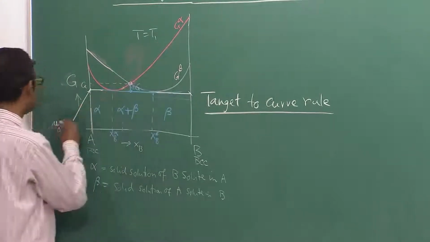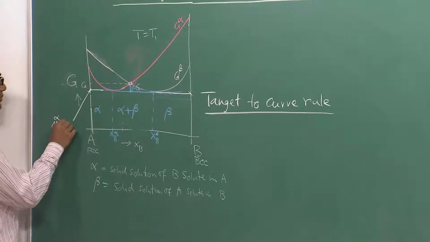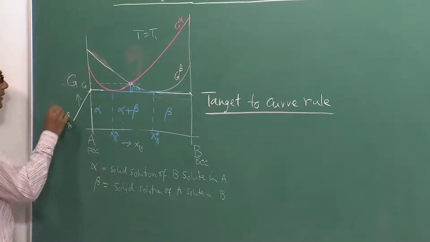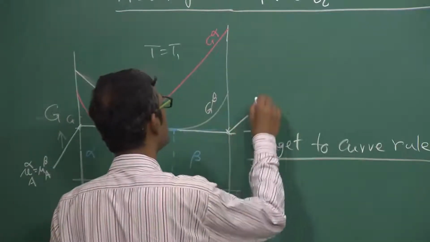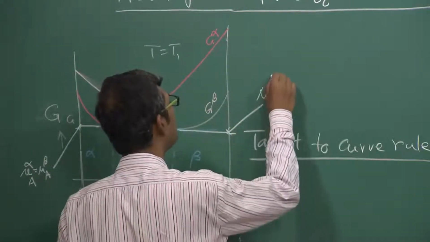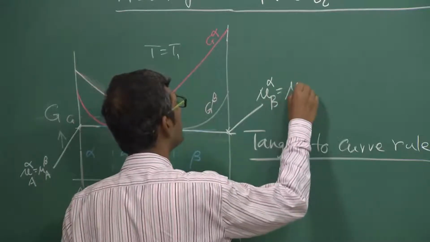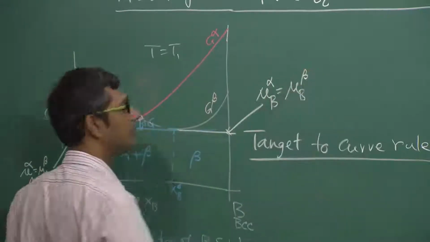So therefore the chemical potential of A in alpha must be equal to A in beta. Similarly this is also hitting here, so I can write the chemical potential of B in alpha must be equal to the chemical potential of B in beta.